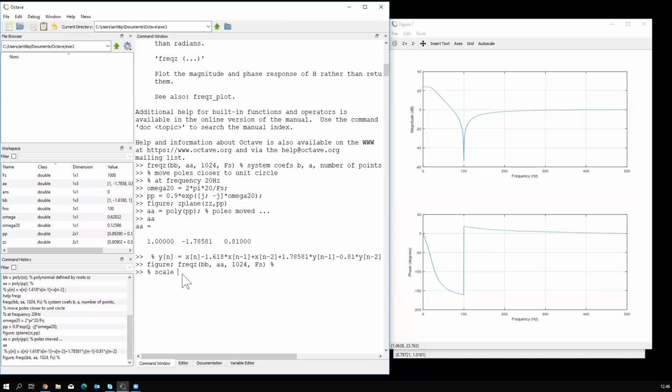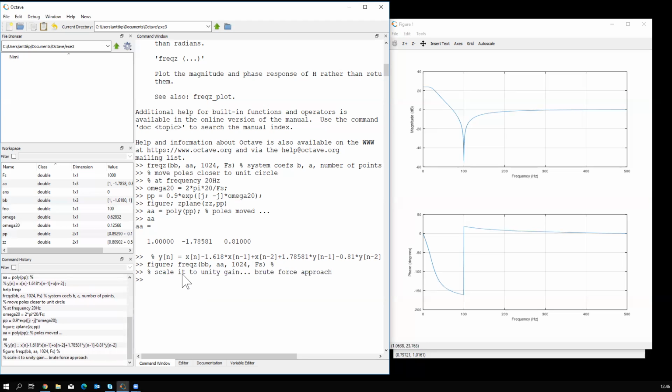We can scale it. Brute force approach. Let's calculate the current gain. Maximum gain. So maximum of the absolute value of the frequency response.